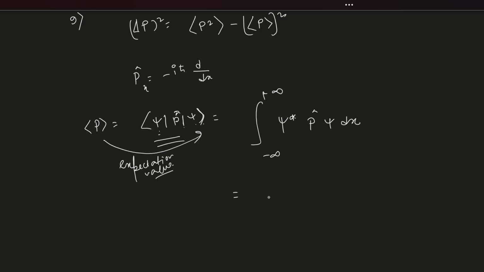So like here, this is psi star, this is minus I h cut, d dx will be d psi dx, so this is dx from minus infinity to plus infinity, right?